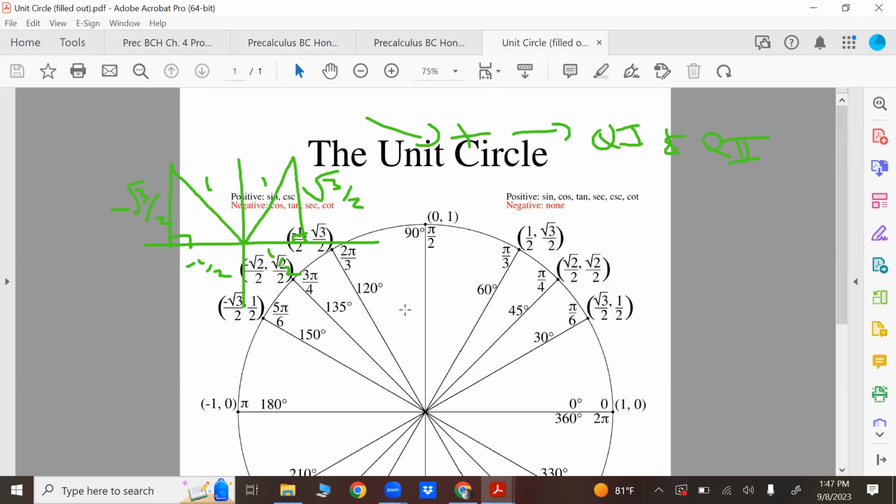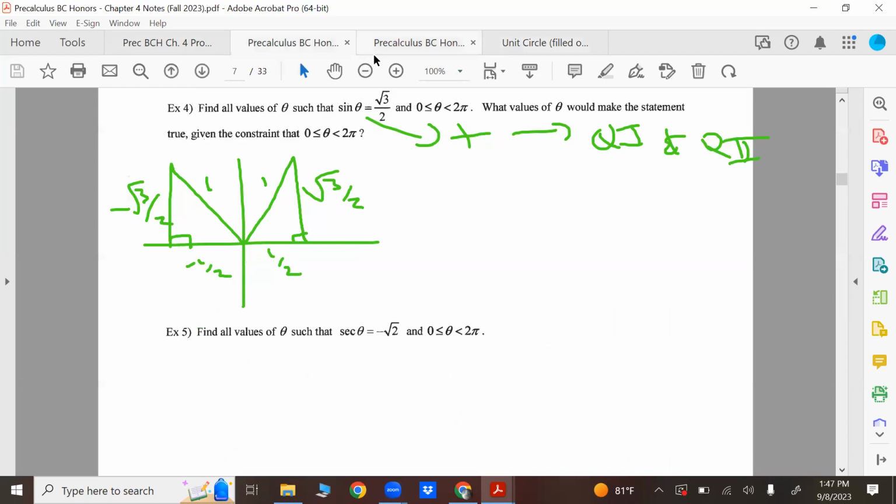You want to provide the angles where that can happen from 0 to 2 pi. Of course I drew it, but you could also just look at the unit circle. So that should happen at 60 degrees and 120 degrees.